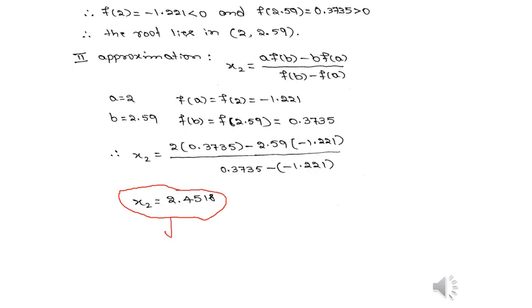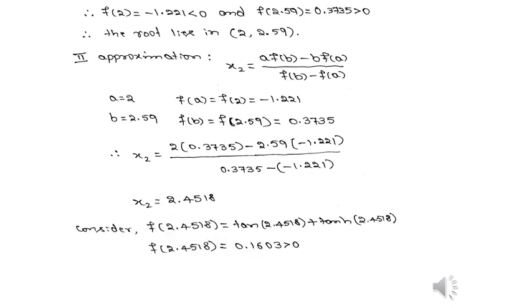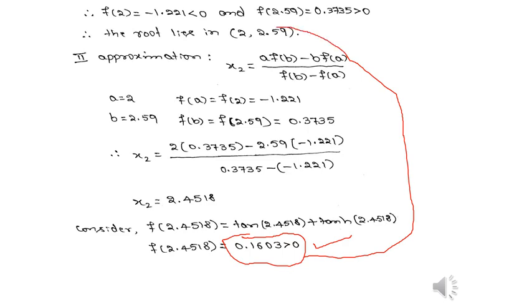Now what we do is find f of 2.4518 and check the sign. We found f of 2.4518, which is positive. We select the value which has a negative sign.